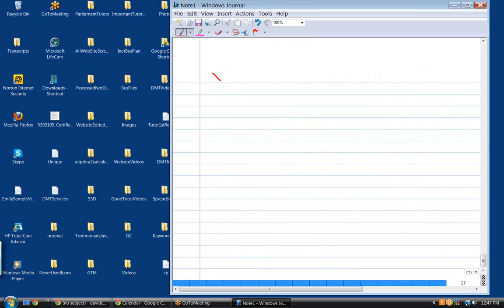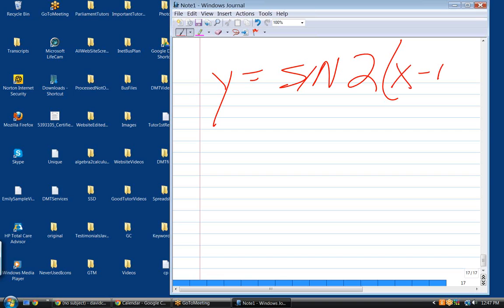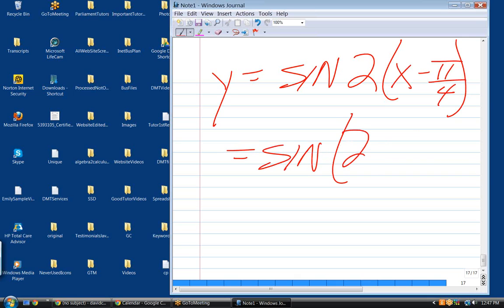In other words, if I were to give you these two functions, these are the same functions.